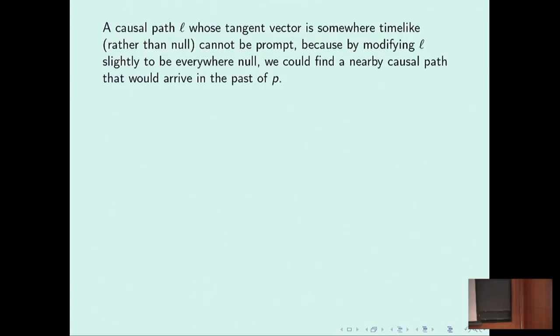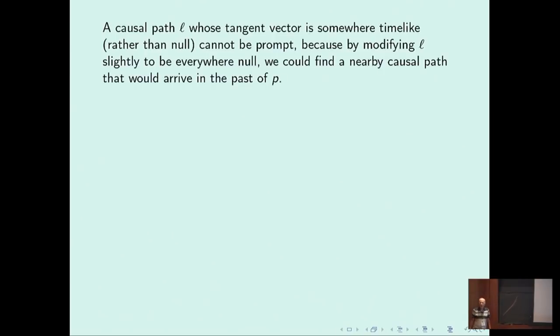Is it possible to see this, someone in the back? Okay, let me curve slightly so this is a time-like path. If it's somewhere time-like, then somebody traveling on this path could deviate and go off in a null direction slightly to the past.